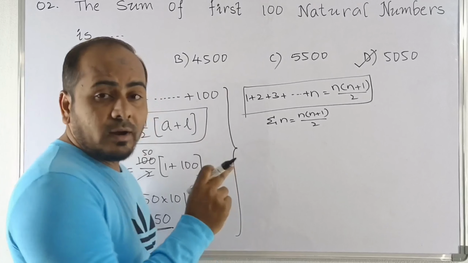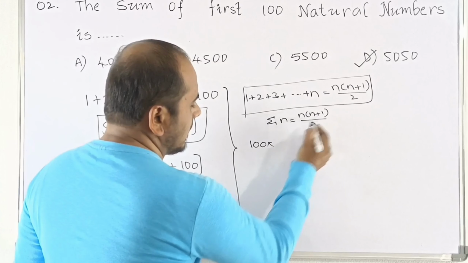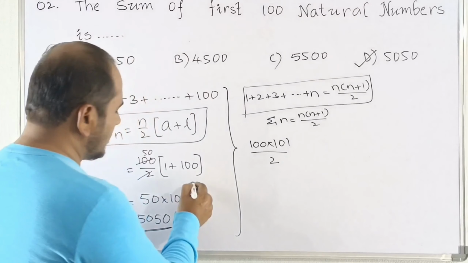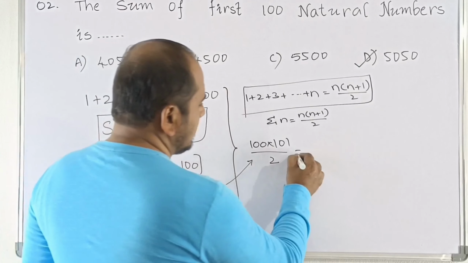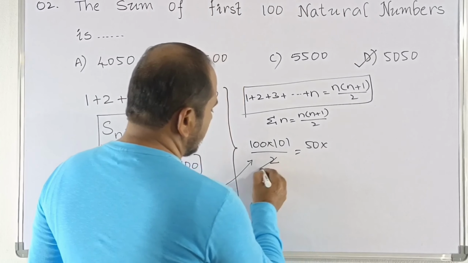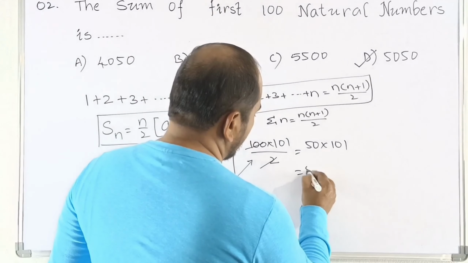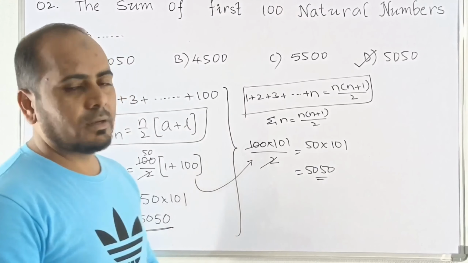I want sum of 100 natural numbers. So 100 into (100 plus 1), 101, divided by 2. Observe that you got the same value here. So what you will get? 50 into 101, which is equal to 5050. Like this we can find, my dear.